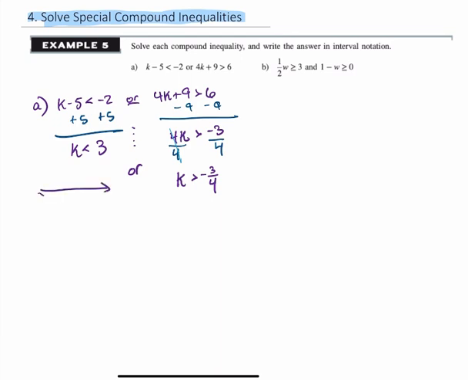This one says k is less than positive 3, strictly less than. Or, on the right side, k is greater than negative 3/4. So if this is negative 1, 3/4 would be somewhere here. So everything greater than that.